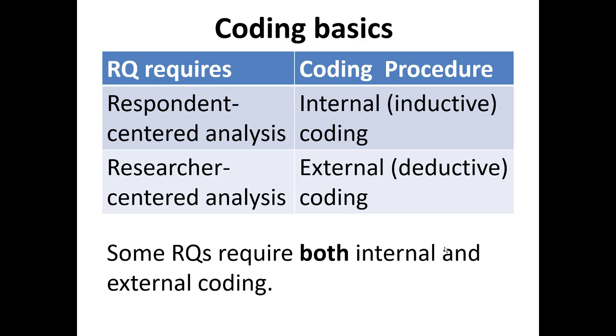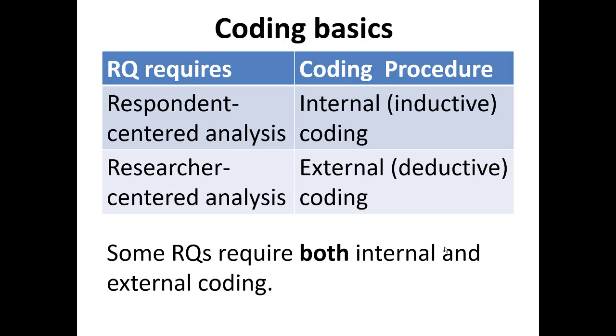In a lot of cases, you'll have research questions that actually can benefit from both internal and external coding. A lot of times when I've had to code stuff, I've gone this route where I have a suspicion that, based on the kinds of questions we asked, I was interested in seeing if something was or was not reported and how it was reported.